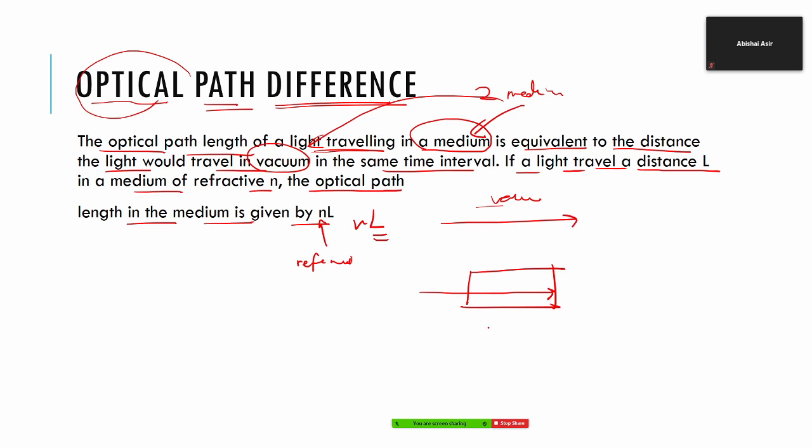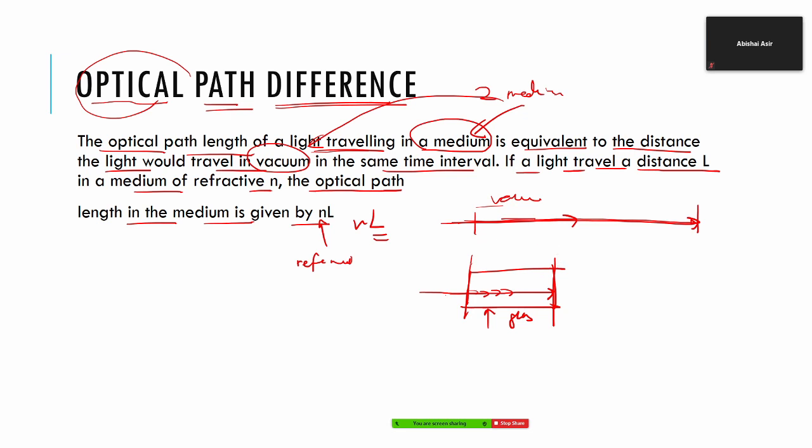Because we know that when light travels in a medium, let's say glass, it travels more slowly. So we want to see the difference. This one is shorter and this one will be longer, right? Because when light moves in a vacuum it is very fast, about 3.0 times 10 to the power 8 meters per second. When it enters the medium, the light will be slower.